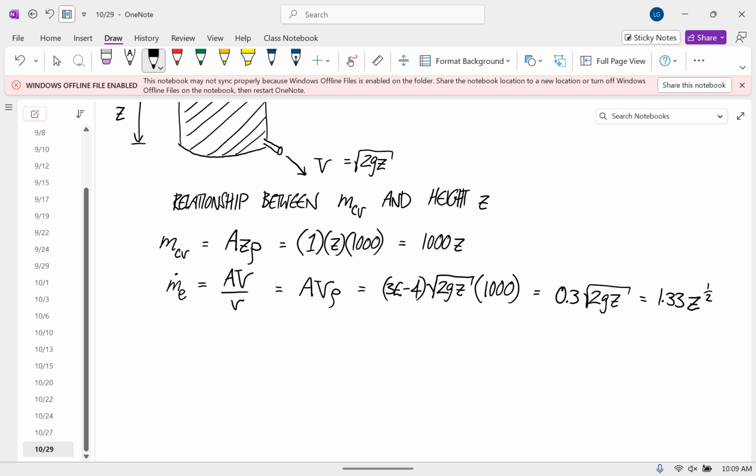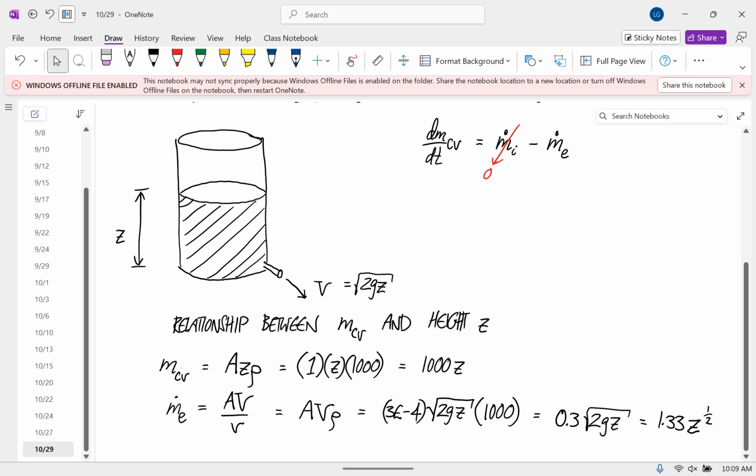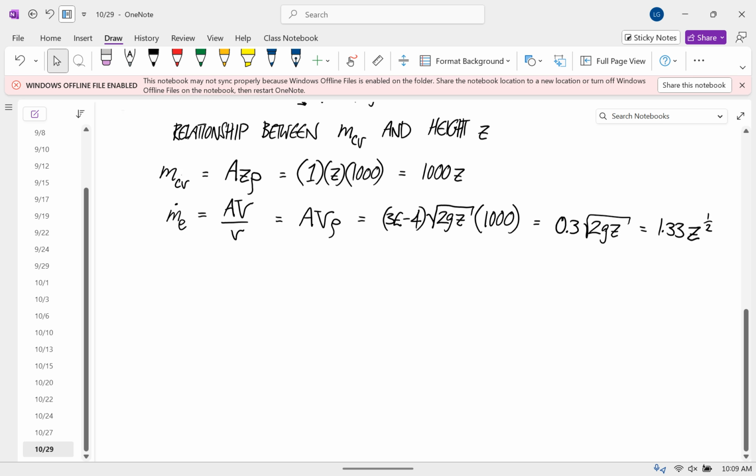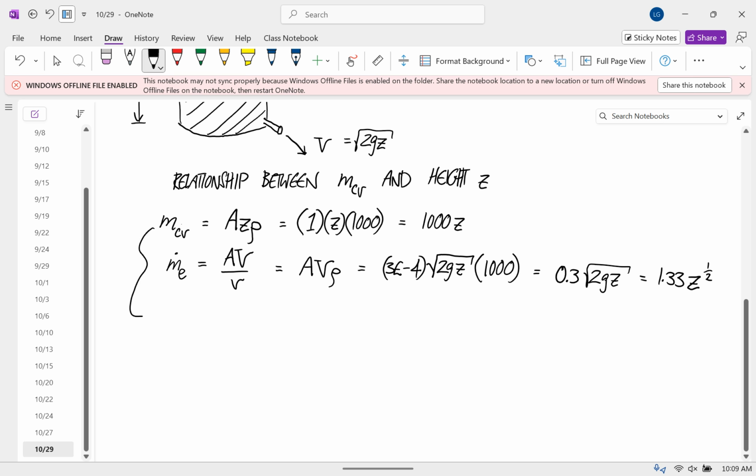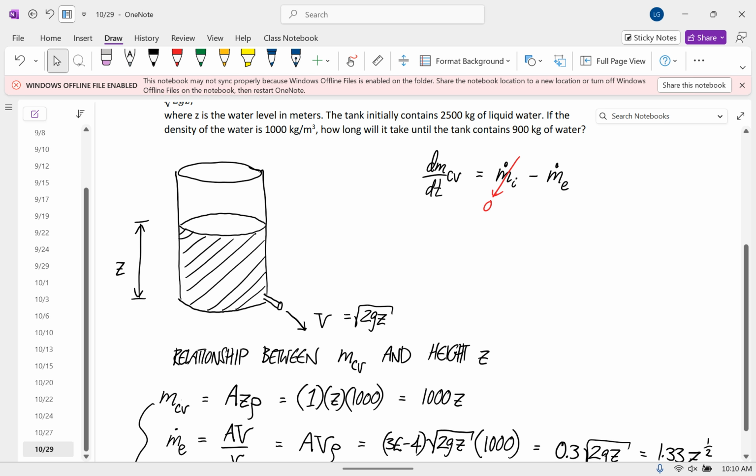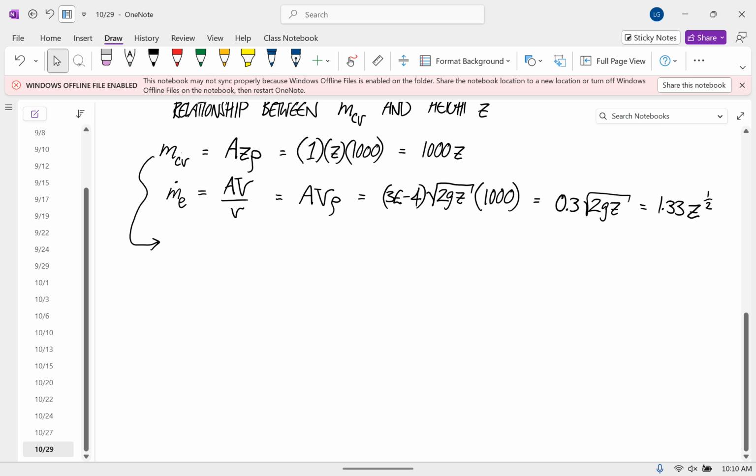And then this one. Well, we're trying to plug this stuff into this equation for conservation of mass, the one above. So I'm not quite where I need to be yet. I got m as a function of z, but what I really want is dm dt as a function of z.